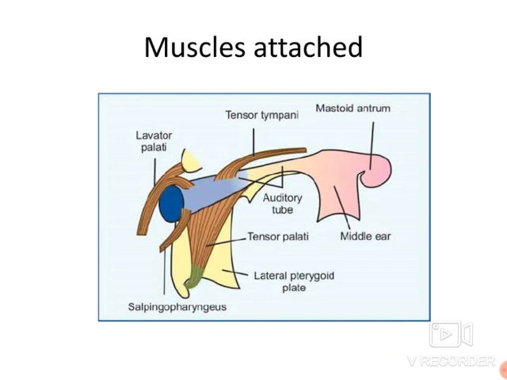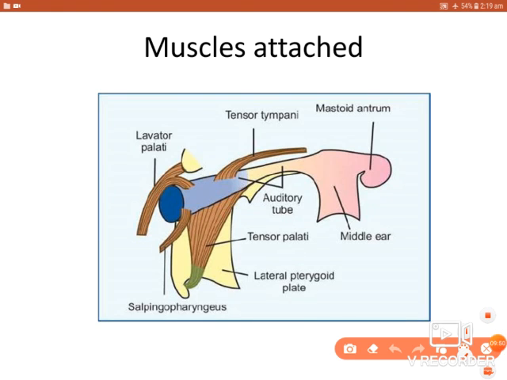Then coming to the muscles attached to the auditory tube. Here this is the middle ear, this is the anterior wall, this is the bony part, this is the cartilaginous part. Through the medial lamina, the muscles attached are the levator veli palatini, the tensor tympani, and the salpingopharyngeus.